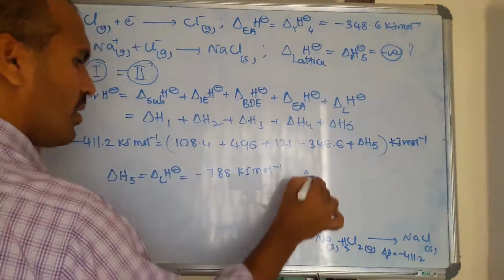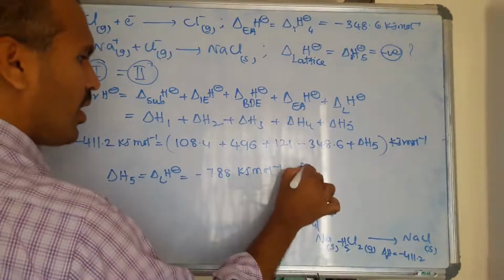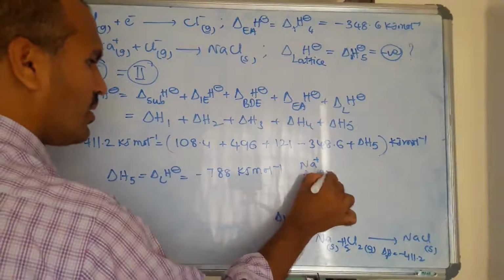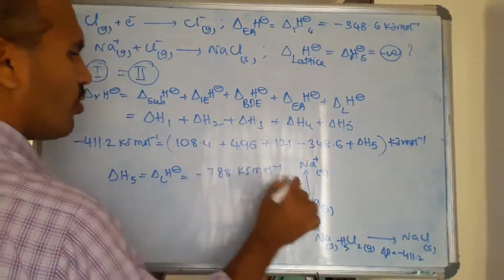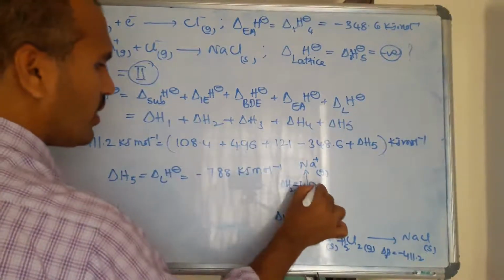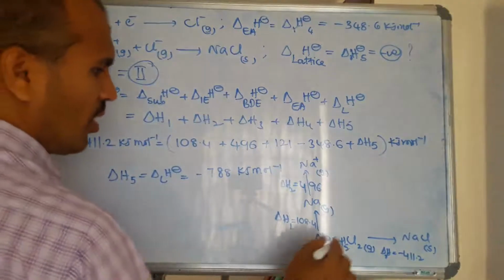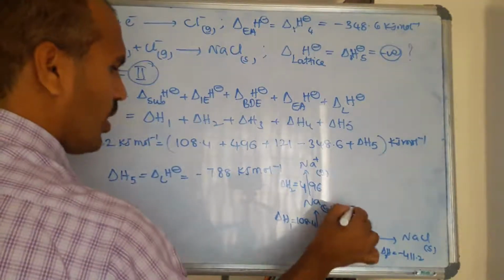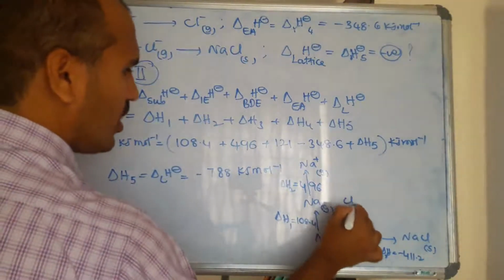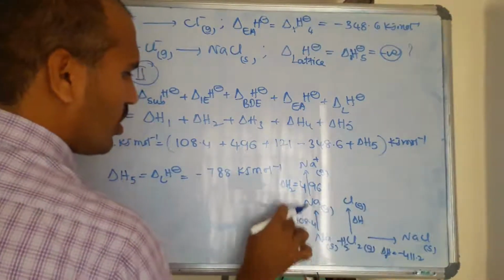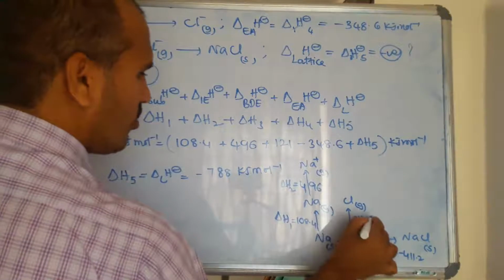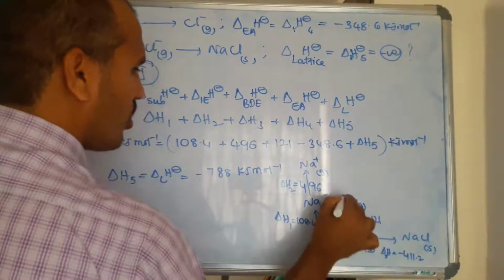This Na gas is converted into Na plus gas, and the enthalpy value for this is 496 kilojoule per mole. Now this half Cl2 is converted into Cl in the gas form. This is the bond dissociation enthalpy, this is delta H3, and this value is 121 kilojoule per mole.